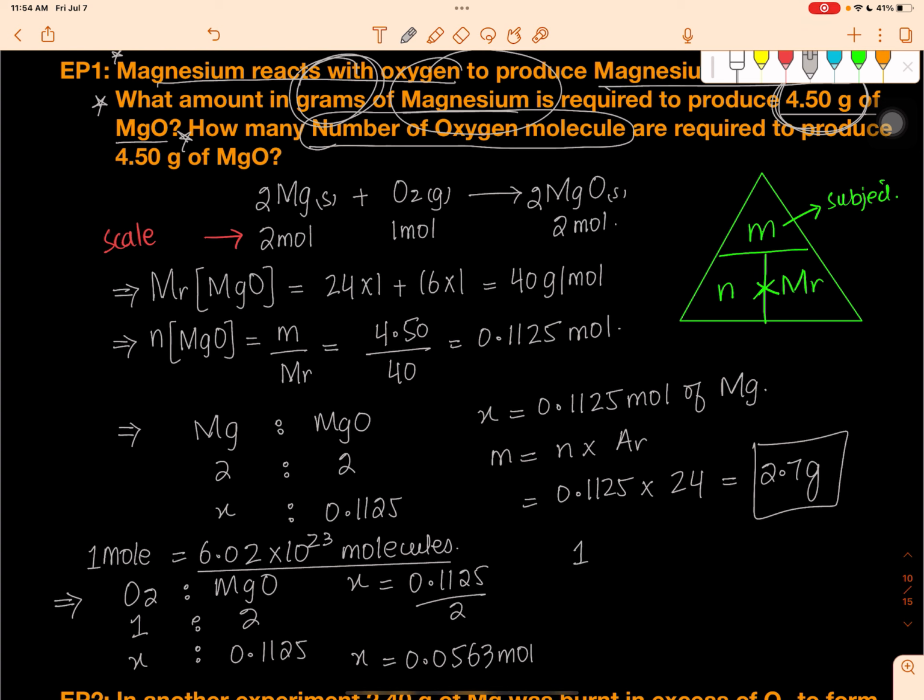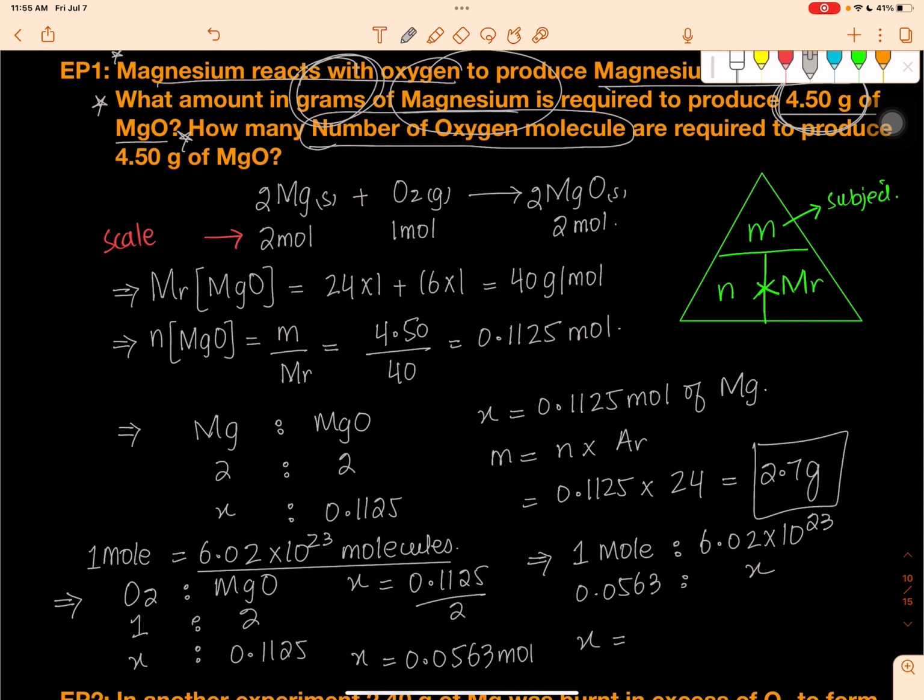Since 1 mole is equivalent to 6.02 times 10 power 23 molecules, 0.0563 moles will be equivalent to how much? That is X. So X is equal to 0.0563 times 6.02 times 10 power 23.